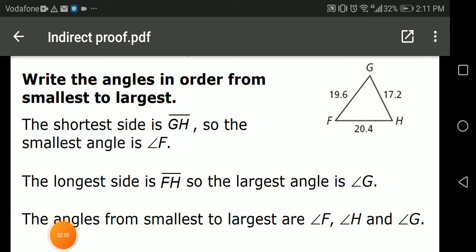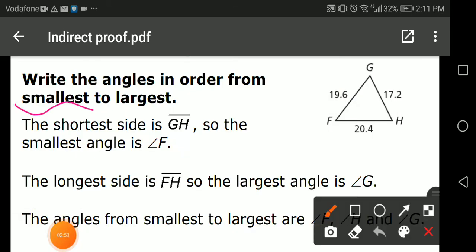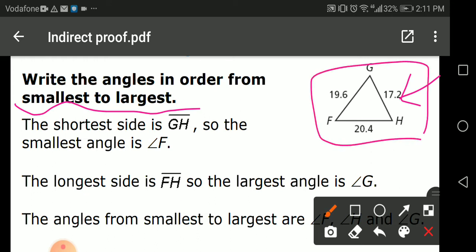Okay, let's have an example. He asks me to write the angles in order from the smallest to the largest. So what should we do? We look at the sides of the triangle. The shortest side here is GH, 17.2, and it's opposite angle F. So angle F will be the smallest.